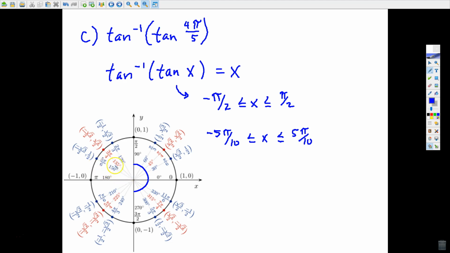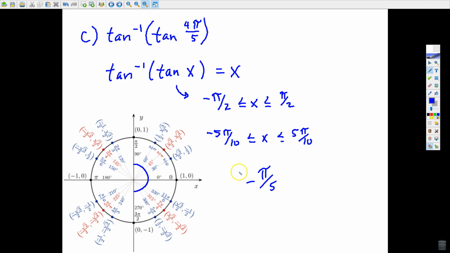Yeah, because tangent is sine over cosine, sine is positive but cosine is negative. So tangent is negative in quadrant 2. Putting it all together, we use the reference angle pi over 5, but we make sure that it's negative because when we sketched 4 pi over 5, that terminal side fell in quadrant 2. Tangent is negative in quadrant 2, so therefore my answer has to also be negative.